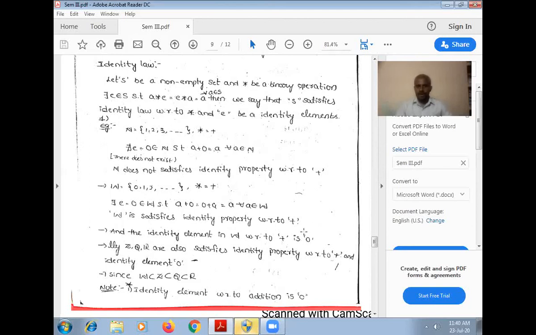But here 0 does not belong to N. So N does not satisfy the identity property with respect to plus, because here 0 is not a natural number.